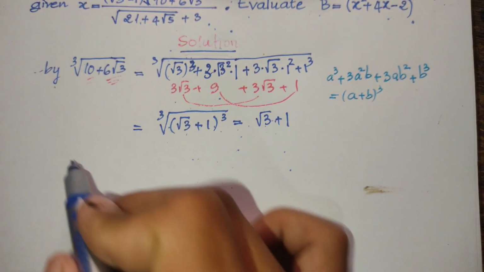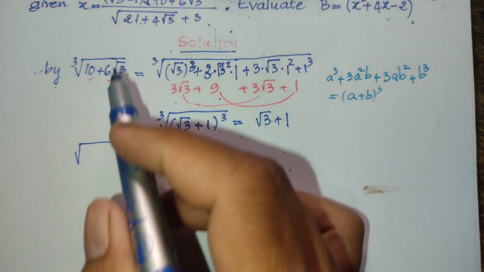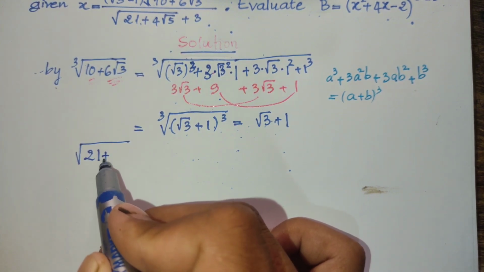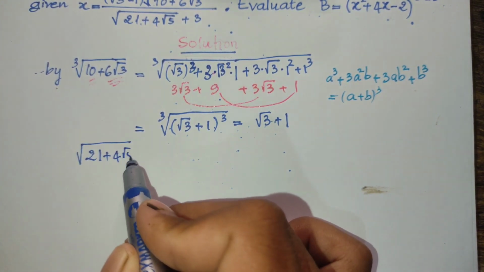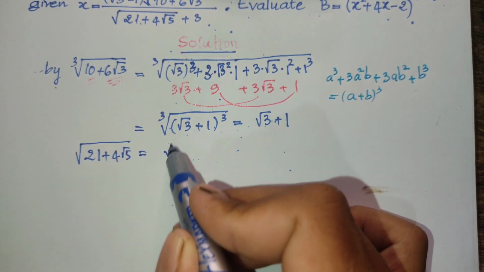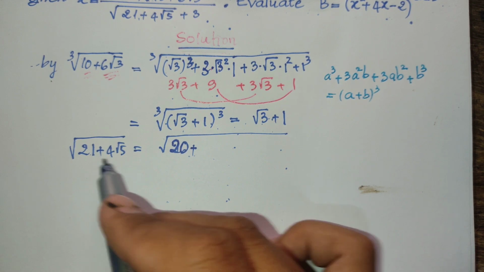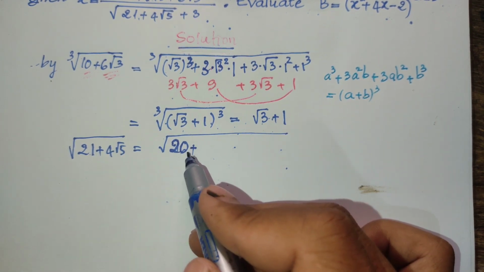Now we find this expression. Okay, now this one is the square root of 21 plus 4 square root 5. I also can write 21 as 20 plus 1.